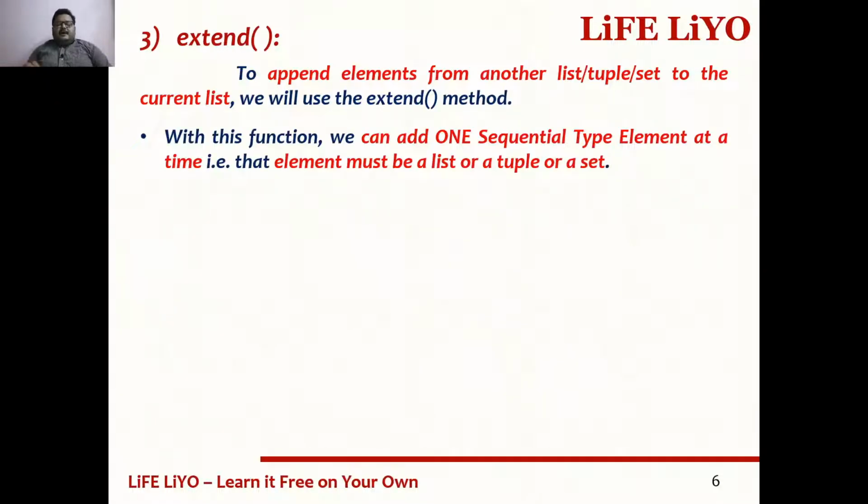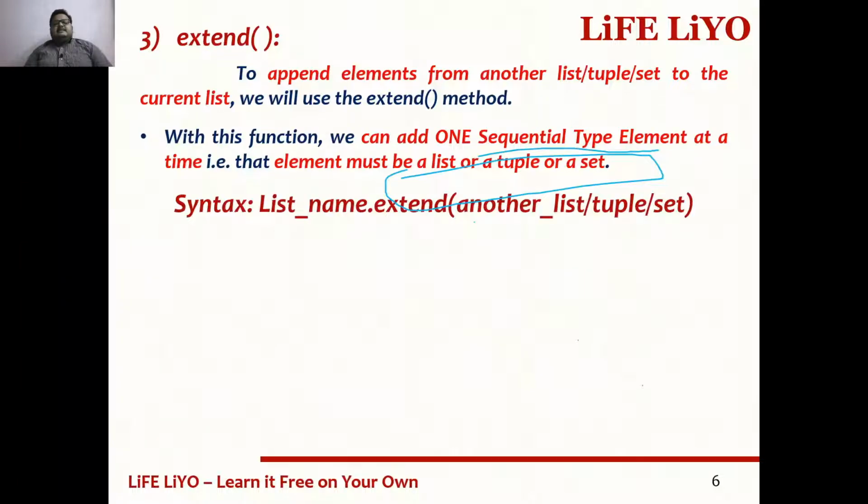So here we are not going to extend it by a single element. Here we are going to extend it by the sequential type element. What do you mean by sequential type element? Sequential type elements are nothing but the list or tuple or set or dictionary. So we can extend the present list with another list or a tuple or a set.